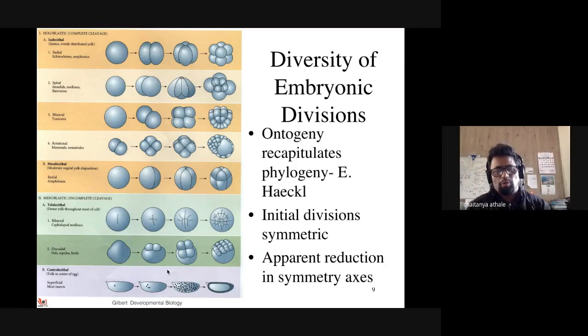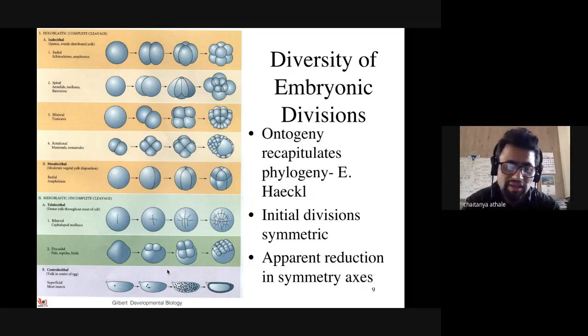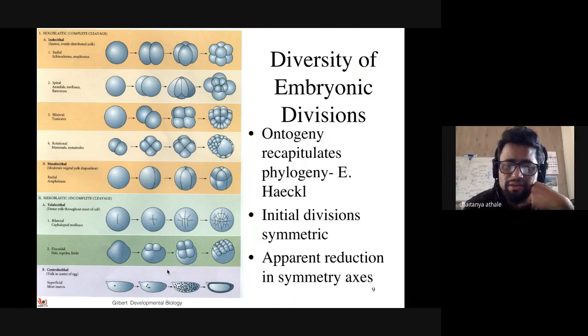In fact, if you open a developmental biology textbook, and this image is taken from the standard book in the field called Developmental Biology by Gilbert, you see that there is a whole range of patterns that you can observe going from one cell to a many-celled organism at the stage of embryogenesis.